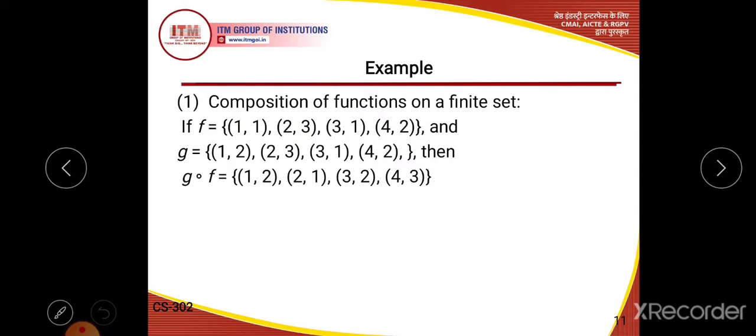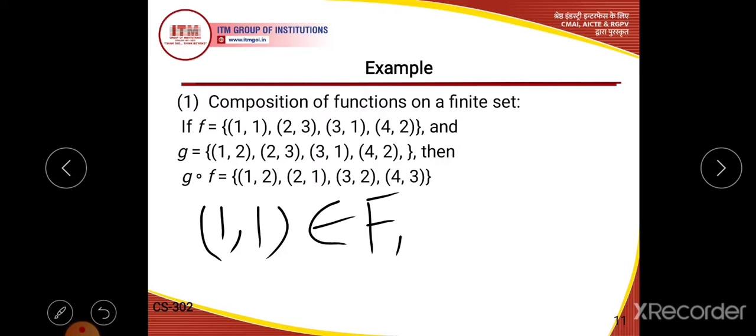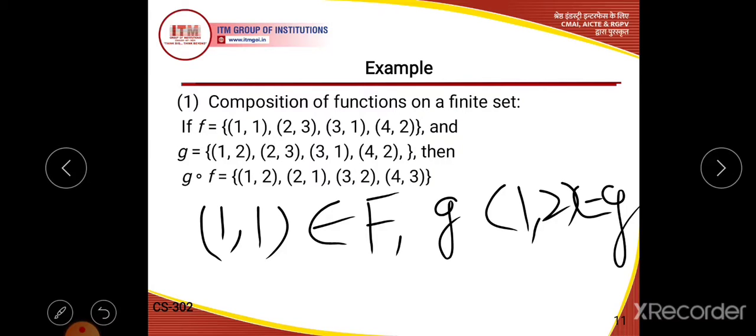For this, we know that the ordered pair (1,1) belongs to F, and (1,2) belongs to G. For both these ordered pairs, the second coordinate of the first is the same as the first coordinate of the second.